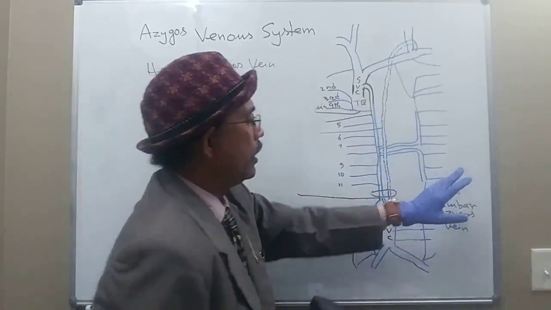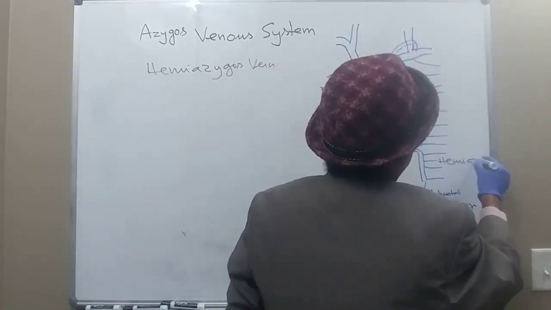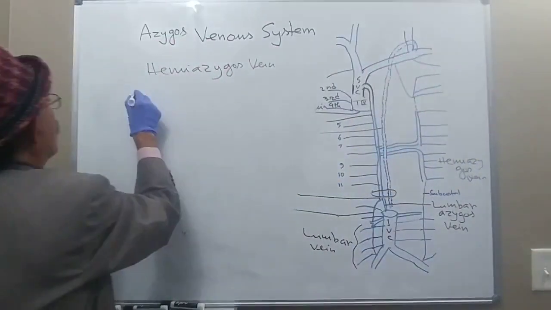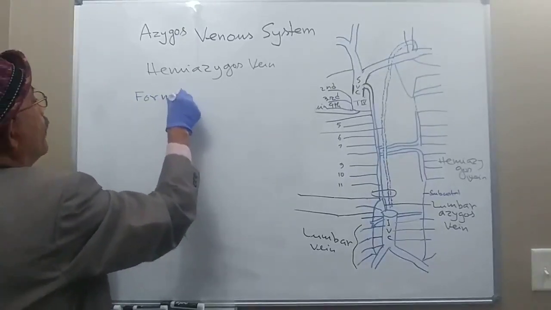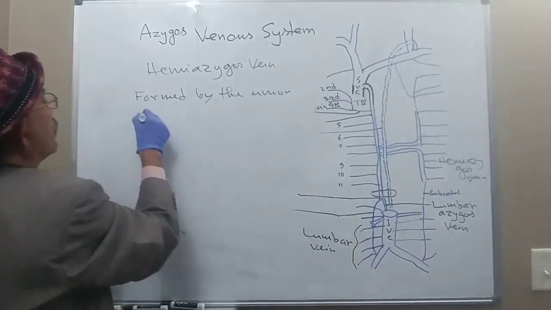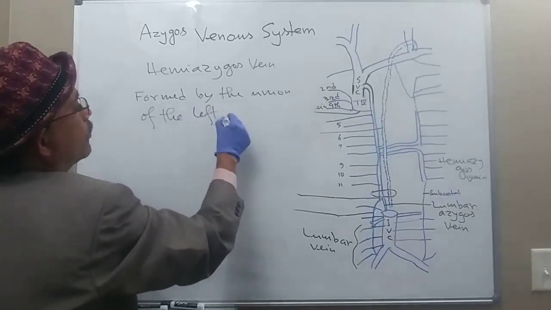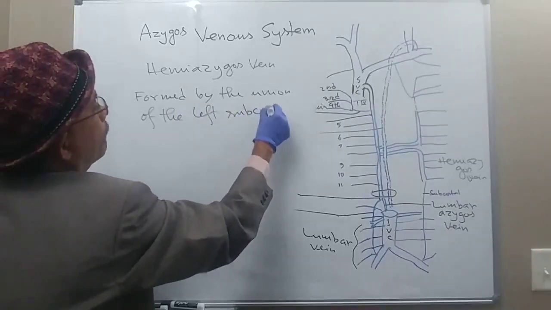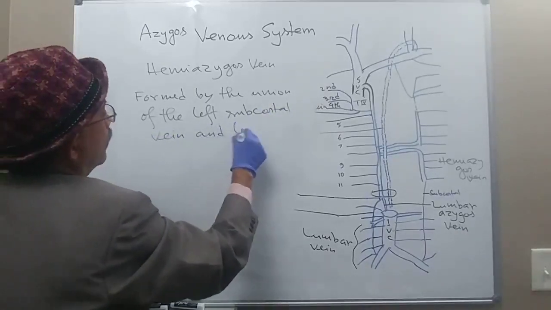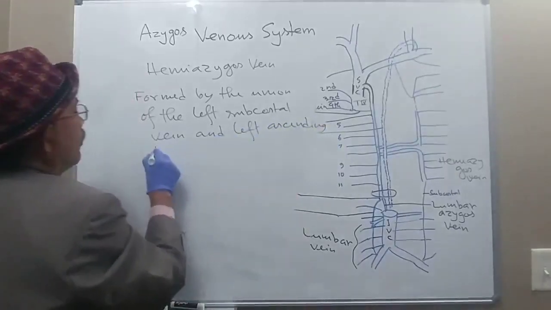On the left side, we get the hemiazygos vein, formed by the union of the left subcostal vein and left ascending lumbar vein.